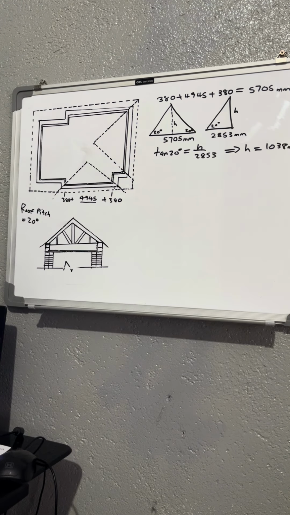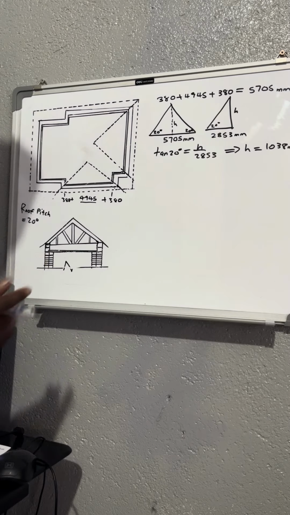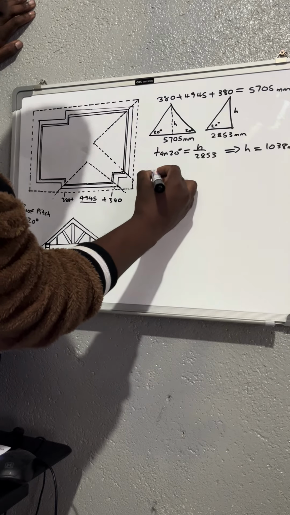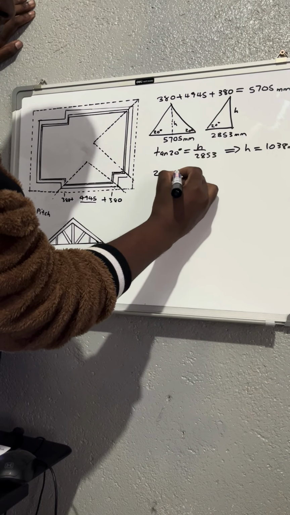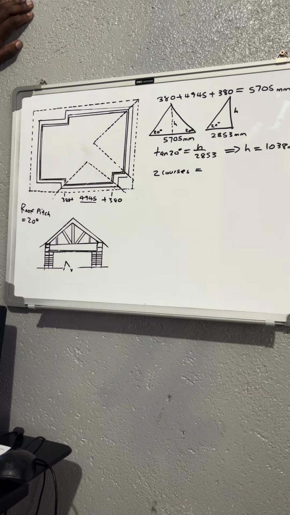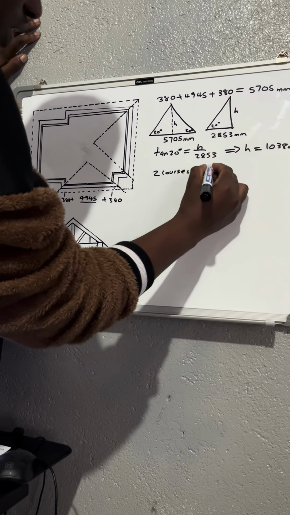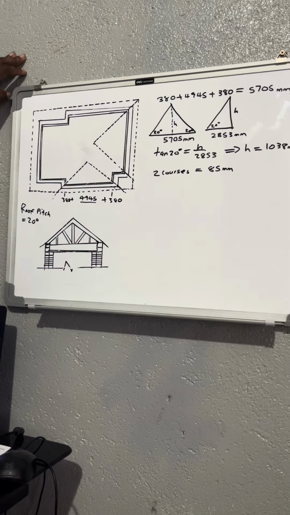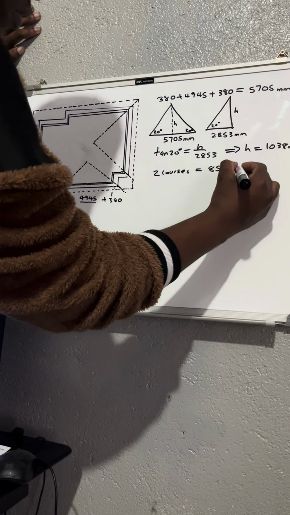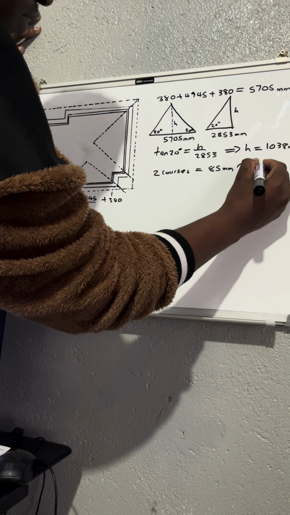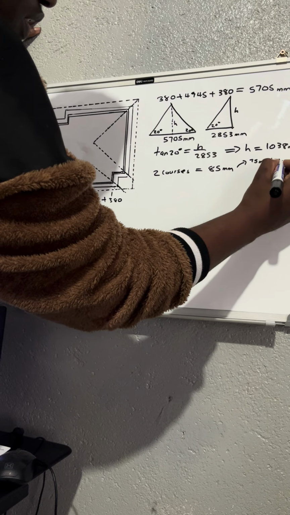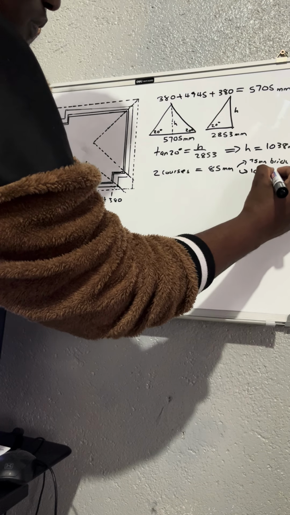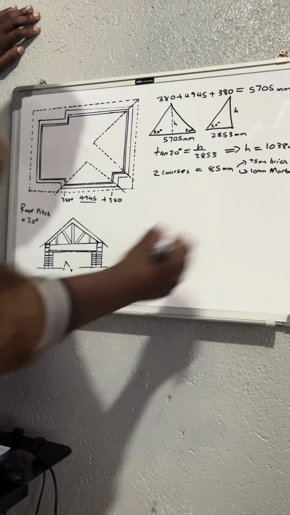We're going to say, okay, we normally have 2 courses within that space at the top. One course is 85 millimeter. This 85 millimeter is made up of 75 millimeter for the brick and also 10 millimeter for the mortar space, just so that you know.